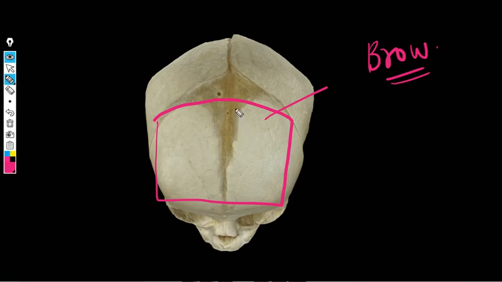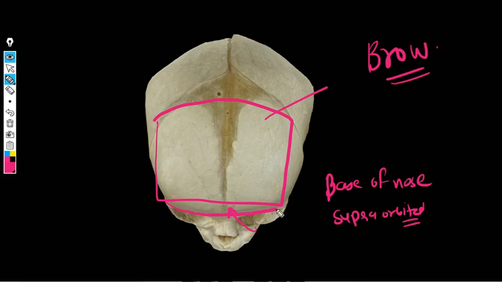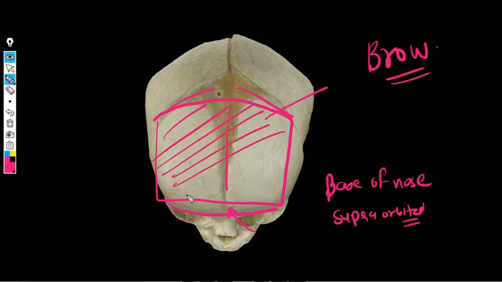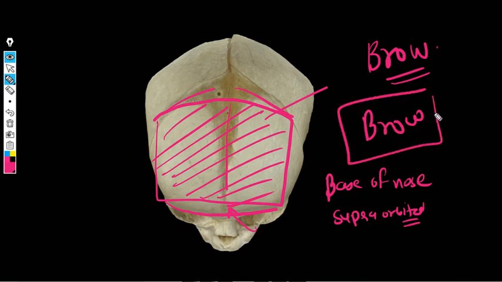The boundaries of the brow part are the anterior fontanelle, here is the base of the nose, and the supraorbital ridges. Here are the supraorbital ridges, coronal sutures, frontal suture. This very part is called the brow part. And brow presentation is again among the common presentations.